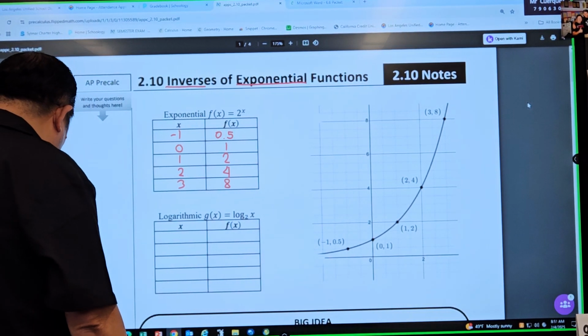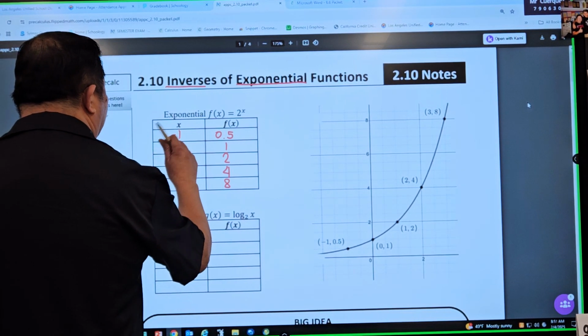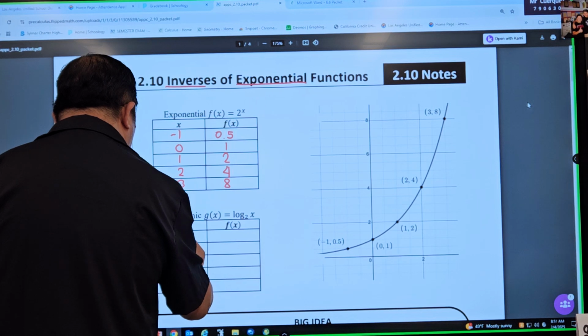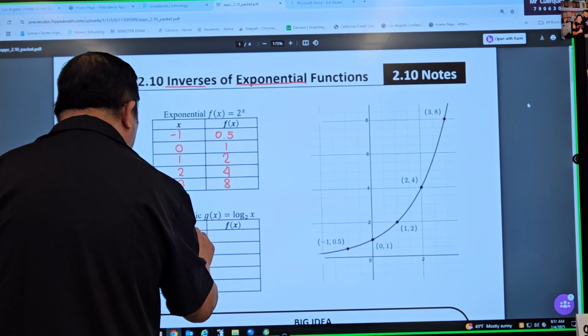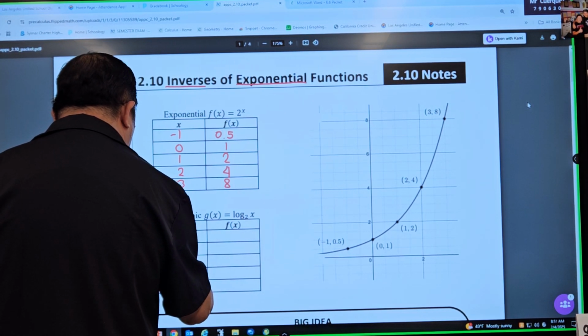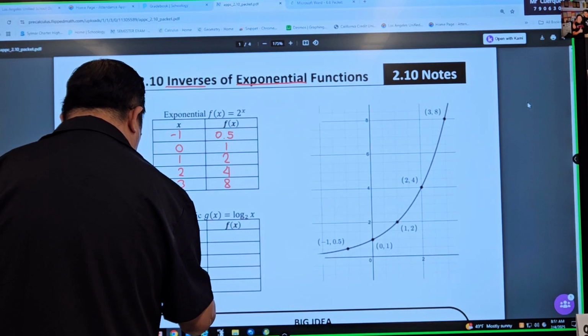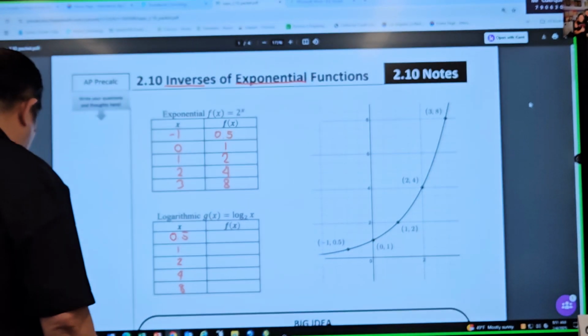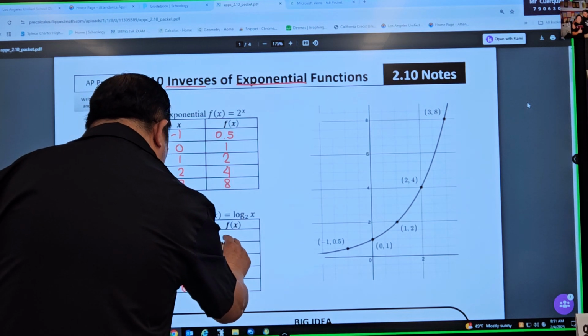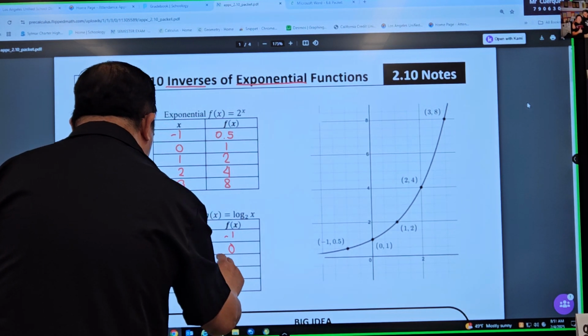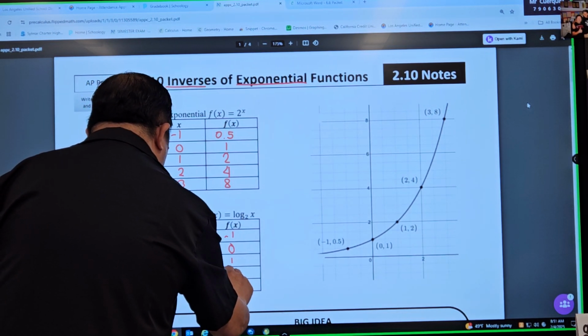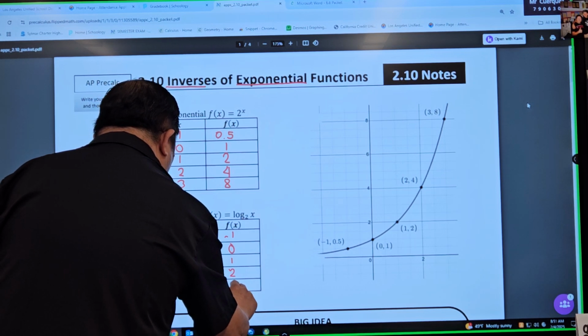So therefore, if we switch, this becomes now 0.5, and then 1, 2, 4, and then 8. And you have this as -1, 0, and then 1, 2, and 3.